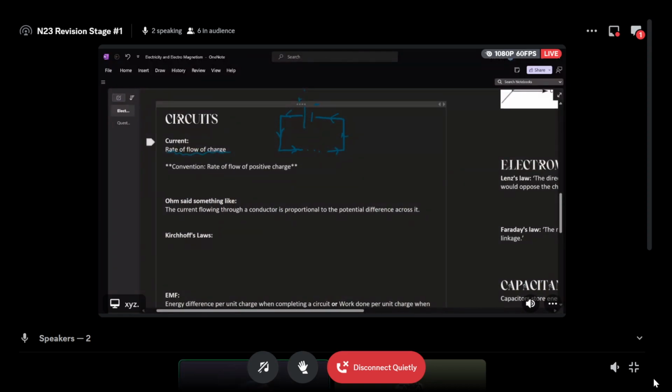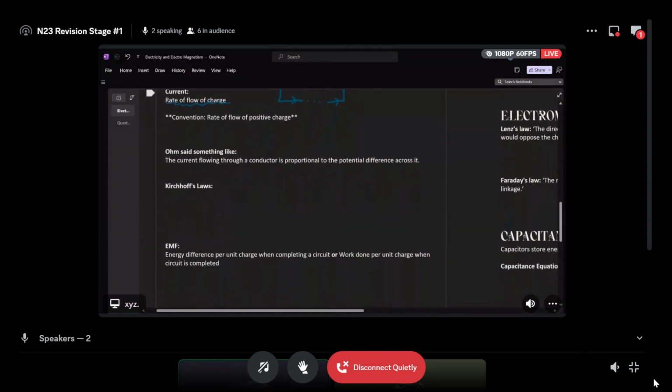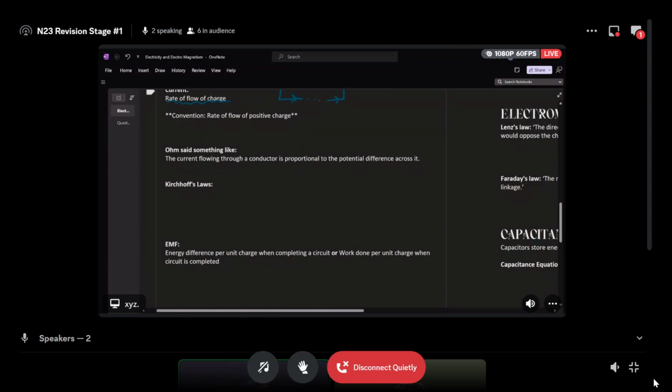And then this is just very basic stuff. I'll go through it as quick as I can. So Ohm was some guy, and he said something like the current flowing through a conductor is proportional to the potential difference across it.